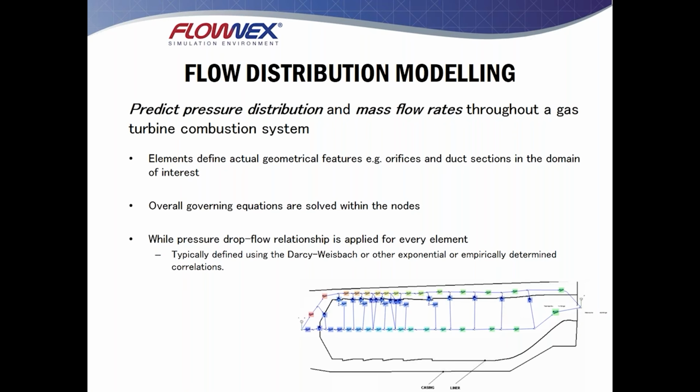So elements such as restrictions and ducting components can be used to define actual geometric features within your model. And again, we employ several empirical or semi-empirical correlations to determine what the pressure drop relationships are in each component or each area in our model.